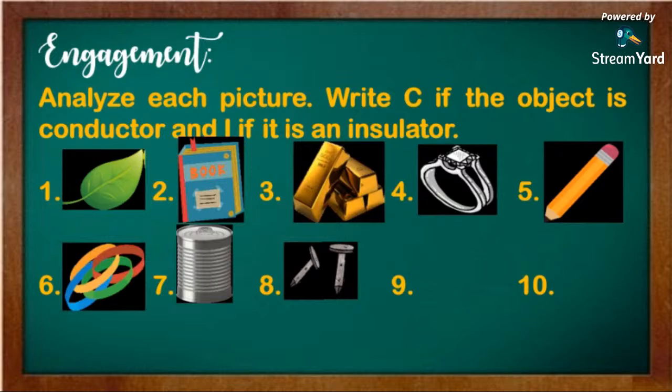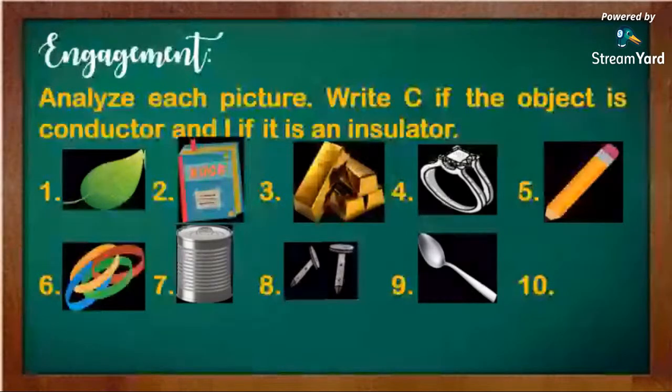Okay, letter C because it's a conductor. Number 9, we have a metal spoon. What is your answer? C or I? Alright, it's letter C because it is a conductor.